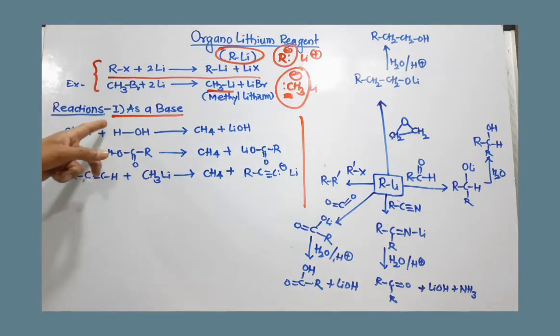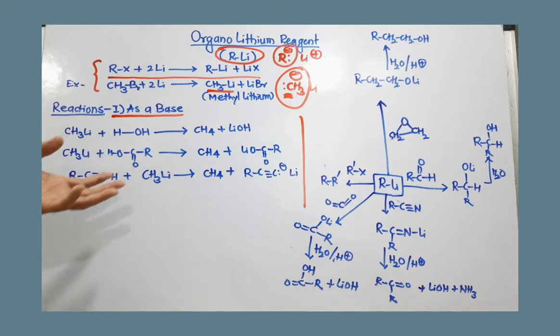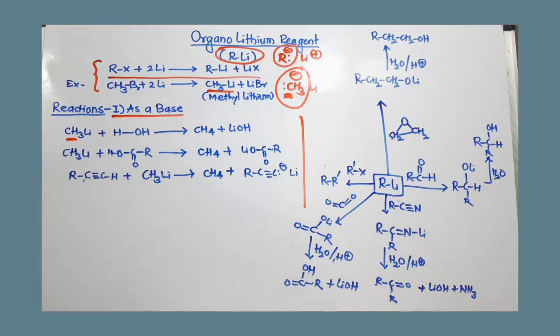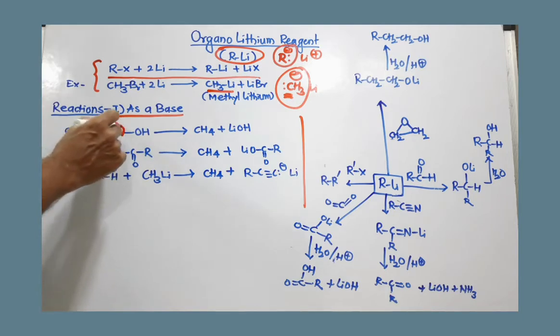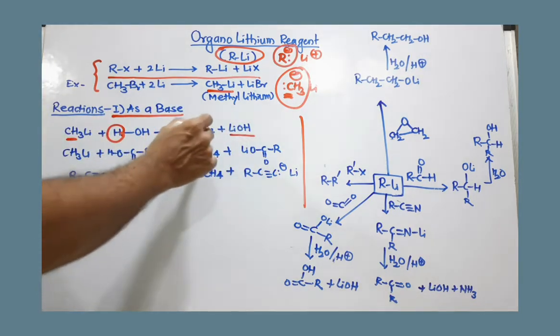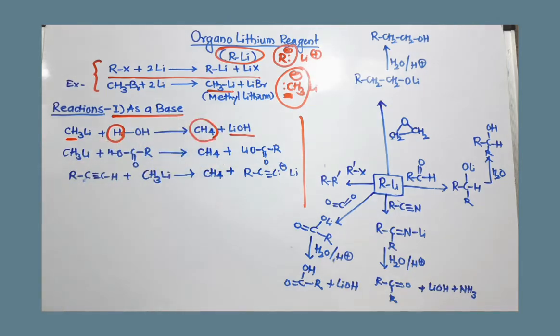For example, we take water. You know the pKa value of water is around 16, which is a very weak acid. But in the presence of water, this carbanion, being a strong base, abstracts this proton and produces lithium hydroxide. So methane is produced.